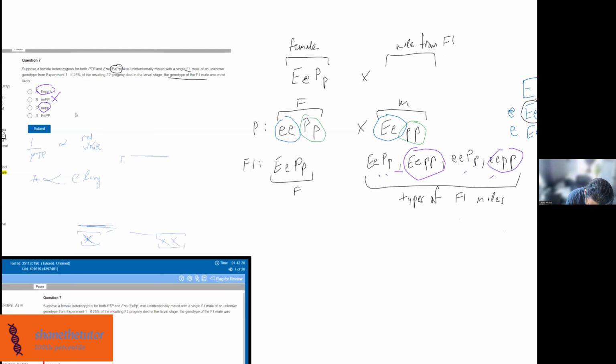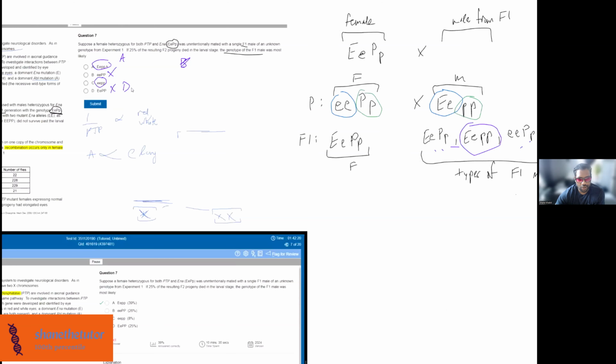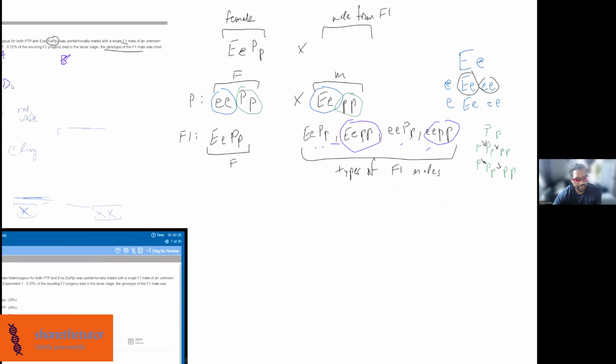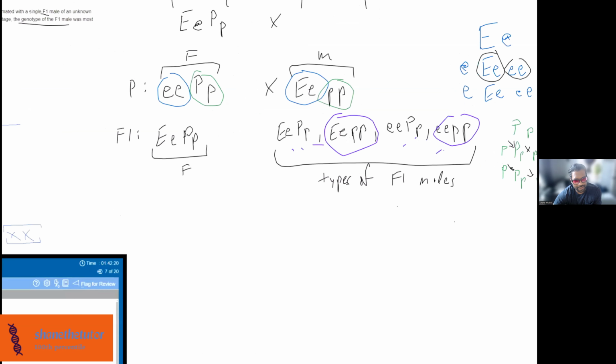So right away, our answer could be either choice A or choice D. So now what do we do? Well, now I'm going to cross this F1 female with both of these F1 males.